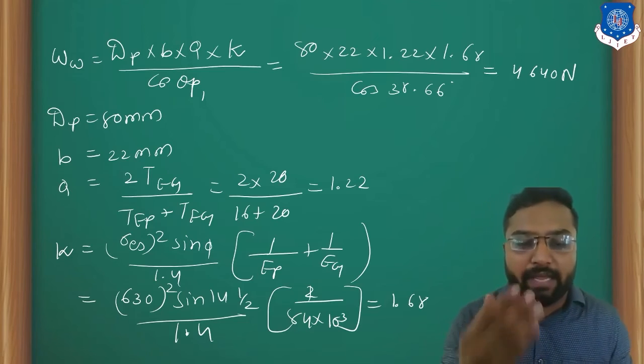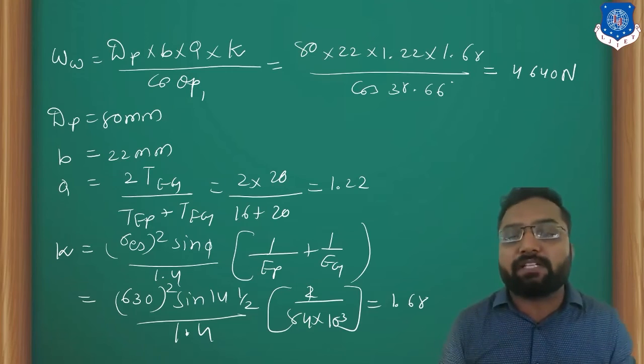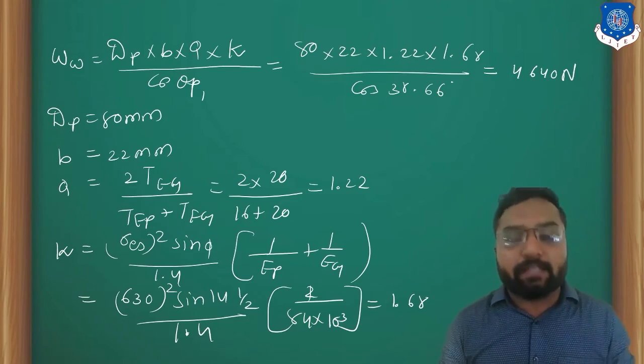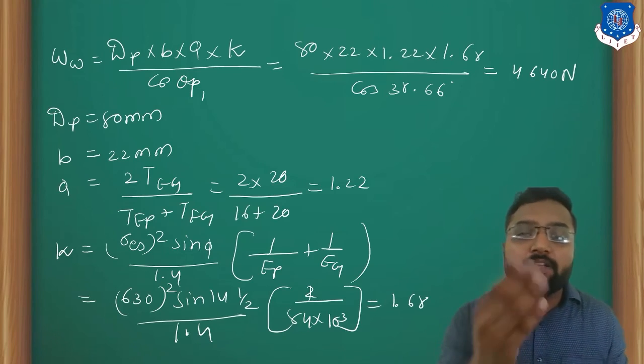So directly I have put it as 2 upon 84 into 10 raised to 3 divided by 1.4, which is 1.68. By putting these values together, we found our final value of the wear load.